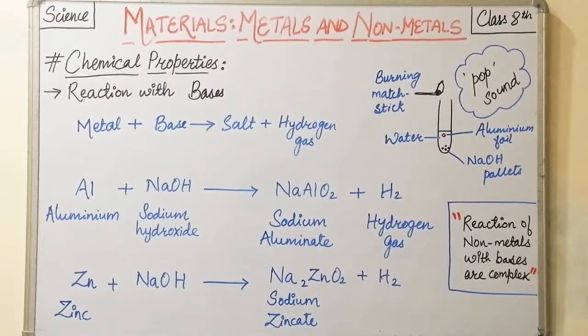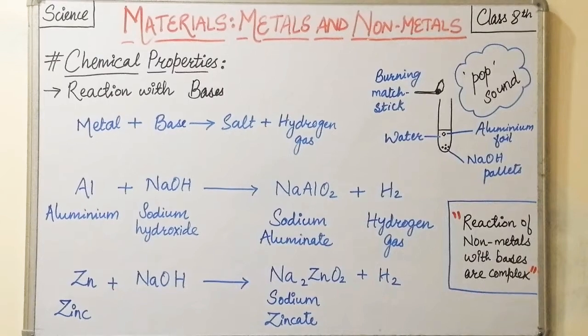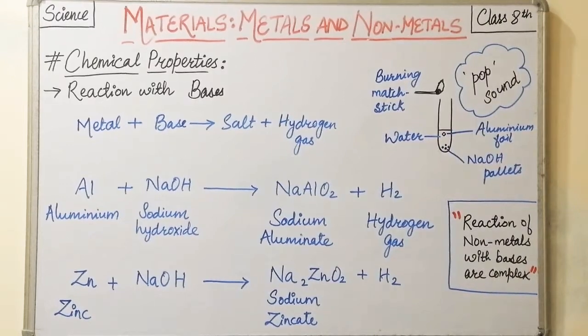Now let us take an example and we will come to know which kind of salt is formed. So aluminium, Al, when it reacts with sodium hydroxide, gives sodium aluminate, NaAlO2, which is a salt, along with hydrogen gas.